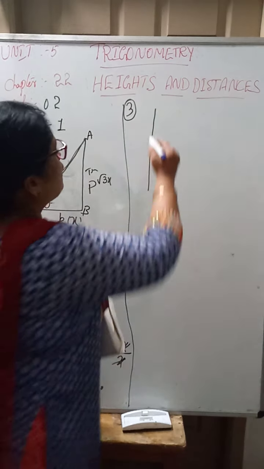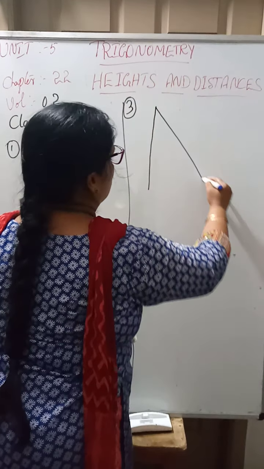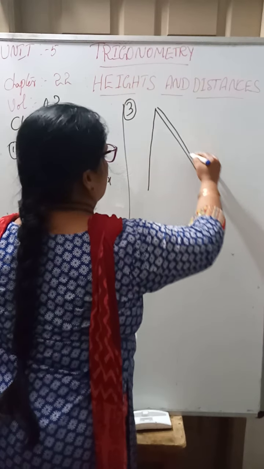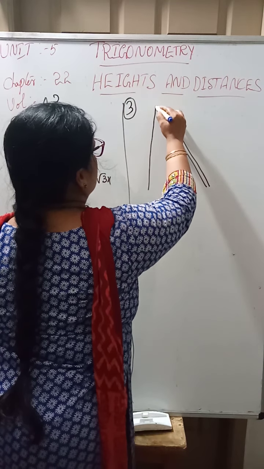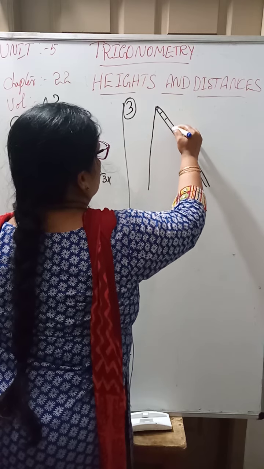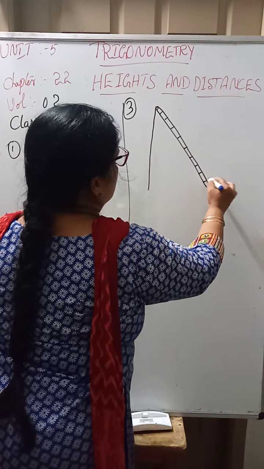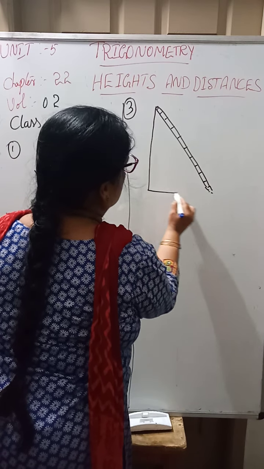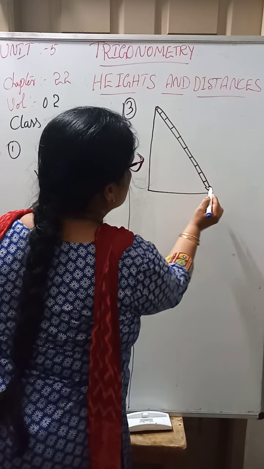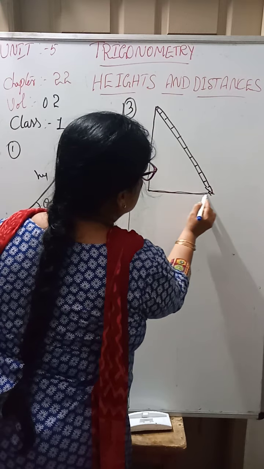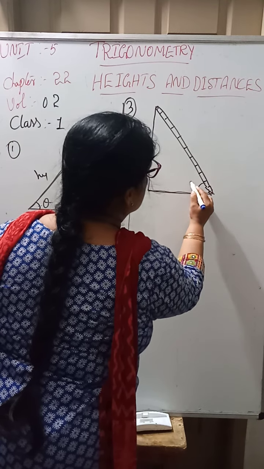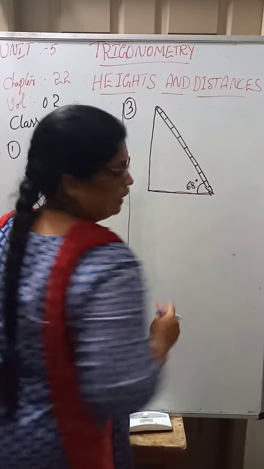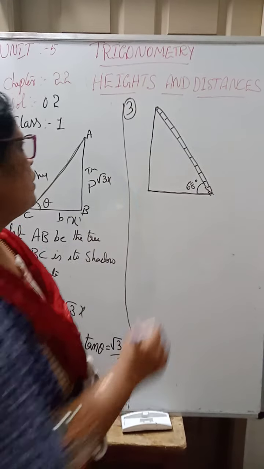A ladder is placed whose upper end rests against the upper part of the wall. Now this has reached here. This is the ground level. Now the ladder and this ground level make an angle of 68 degrees according to the question.